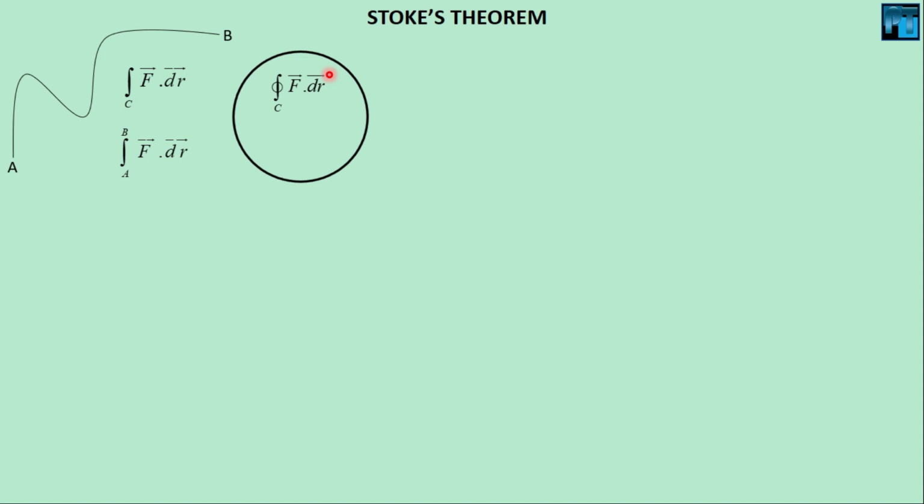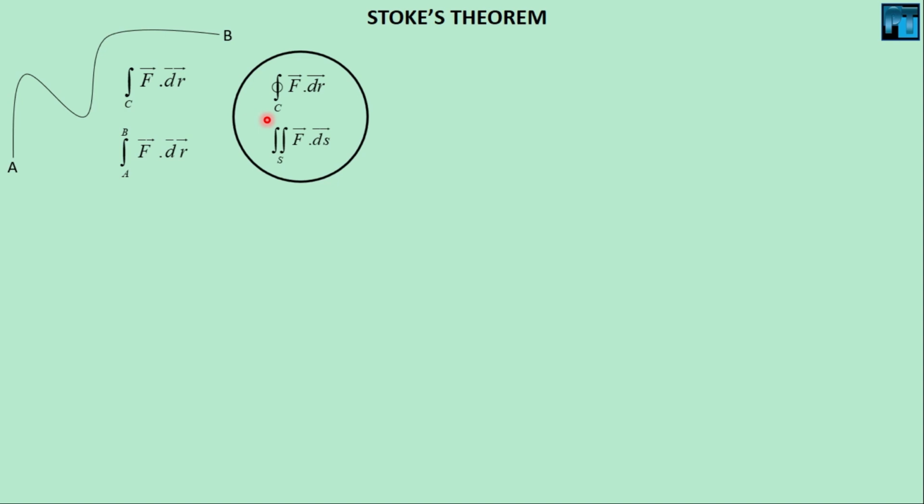So before starting Stokes' theorem, just know this one thing: when an open line closes and encloses some surface, then there is some relation between this closed line integral and, of course, a surface integral.